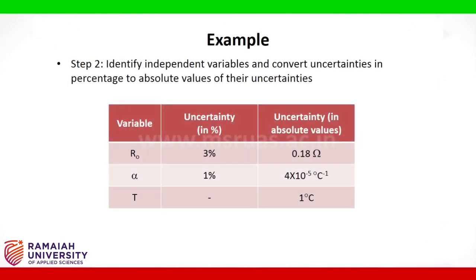In the next step, the independent variables are identified and their uncertainties given in percentage are converted to absolute values of uncertainties. Uncertainty in R naught is given as 3%, which is multiplied by 6 ohms to get an uncertainty value of plus or minus 0.18 ohms. Similarly, 1% of 0.004 gives us an uncertainty of plus or minus 4 into 10 to the power minus 5 per degree Celsius.